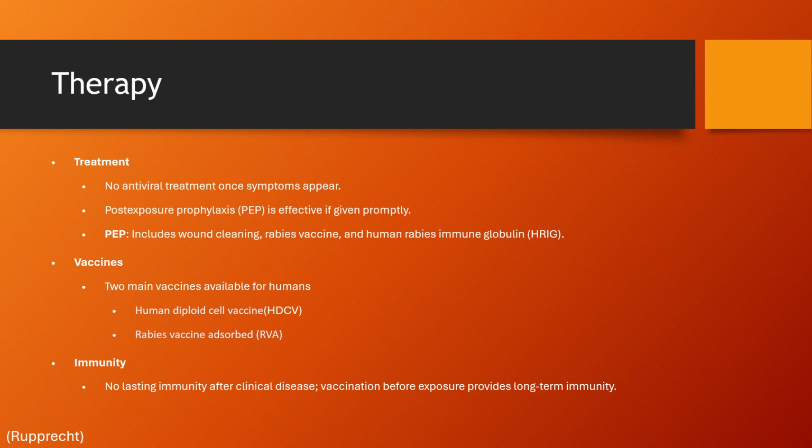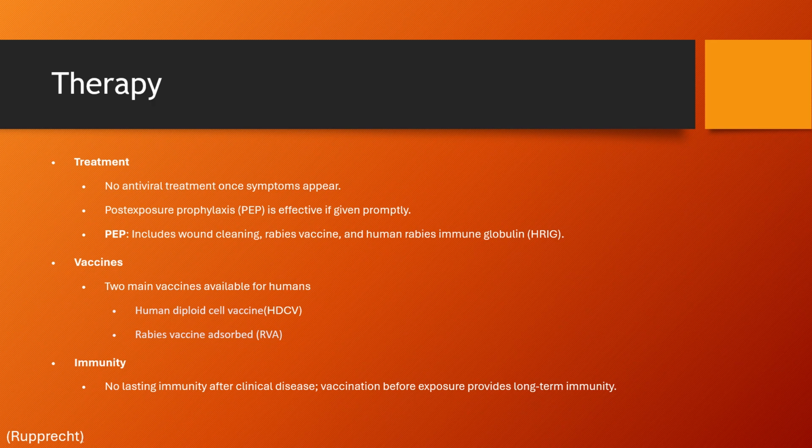Rabies infection does not have specific antiviral treatments once clinical symptoms develop. However, post-exposure prophylaxis, also known as PEP, can prevent the disease if administered promptly and properly.